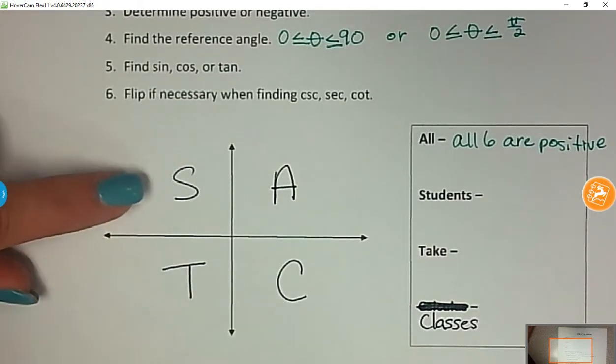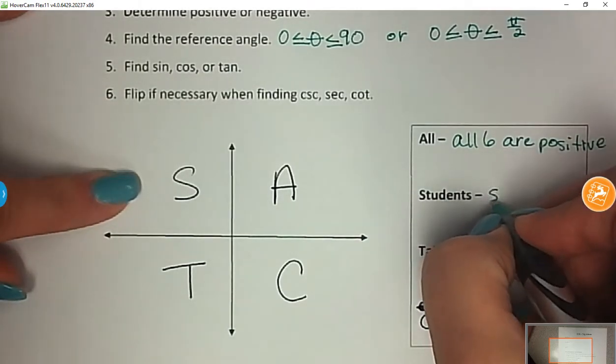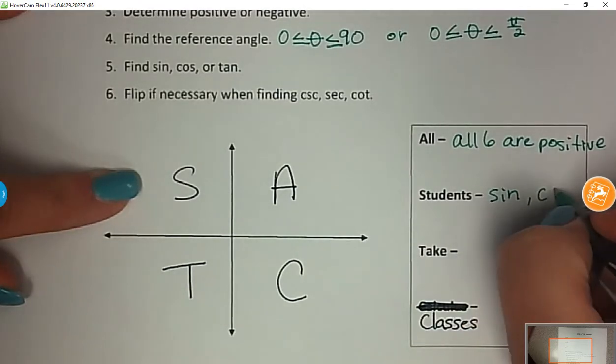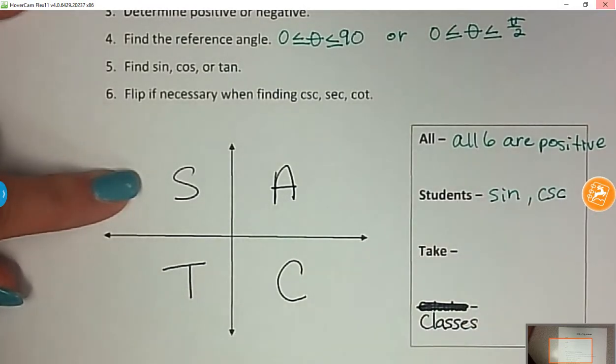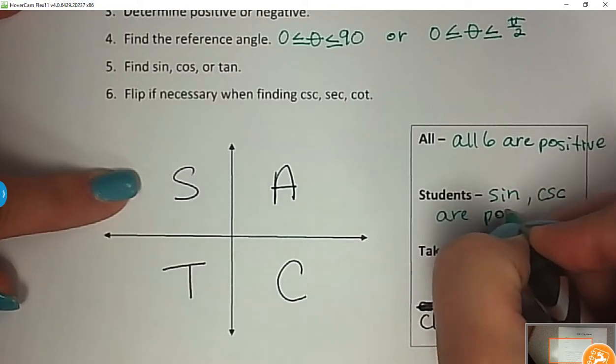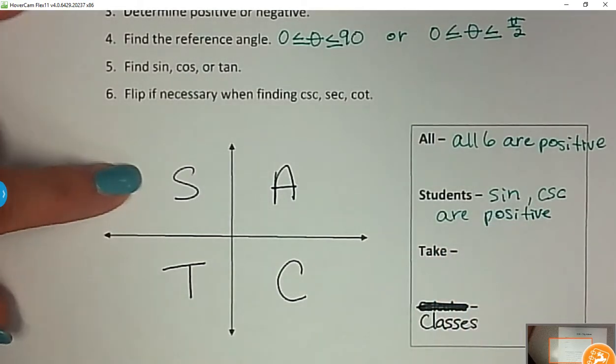Now over here in quadrant 2, there's an S. I said students. Well, the sine function and its reciprocal, that's the cosecant, those two are going to be positive. But they are the only ones that are positive for angles that are in quadrant 2.